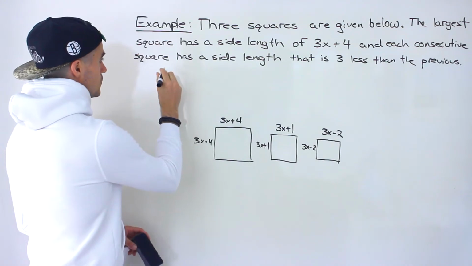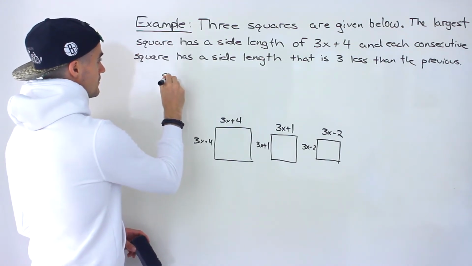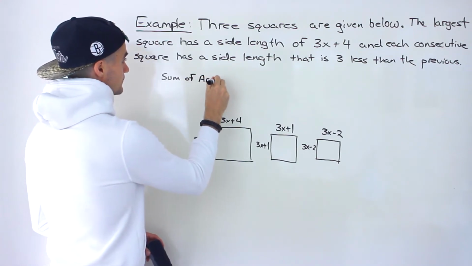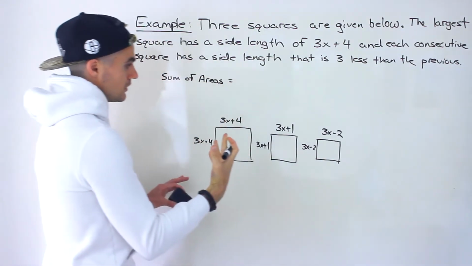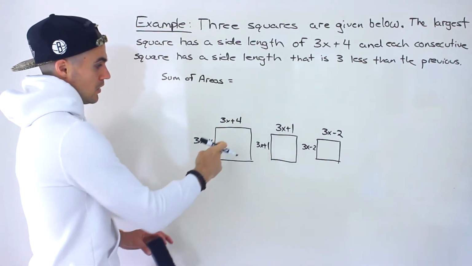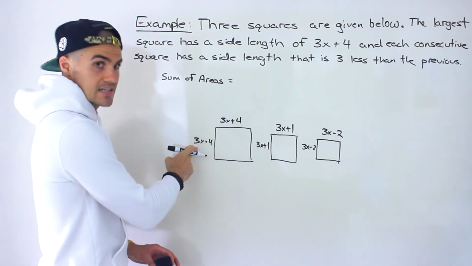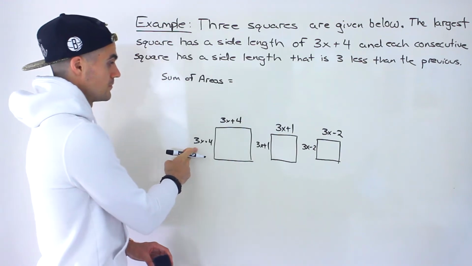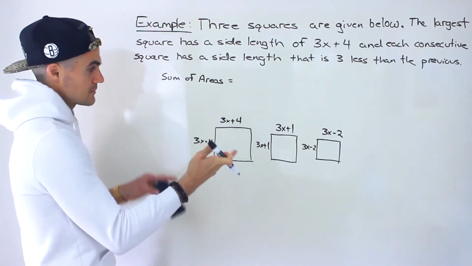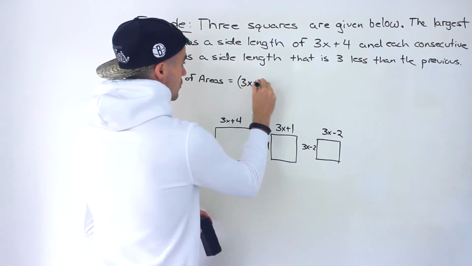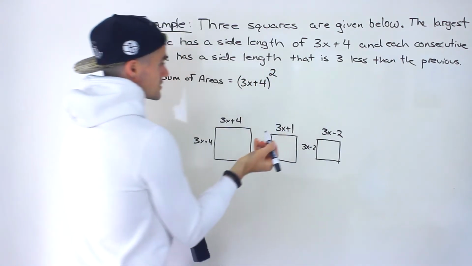So let's start with the sum of the areas. What's the general expression going to be? Well, what's the area of this square going to be? Well, it's going to be just these side lengths multiplied by each other. So it's going to be 3x plus 4 times 3x plus 4. A more general way to write that would be 3x plus 4 squared, right?